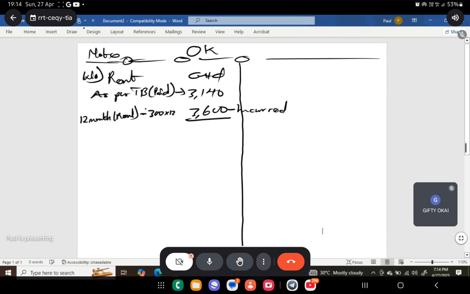Now, it means that they are owing rent of what? 3,600 minus 3,140 is 460. So this becomes rent owing, and that owing should be added back to what was paid to get the incurred. What we recognize in the income statement is the incurred. This will go into the income statement, and the owing will be treated as a current liability.